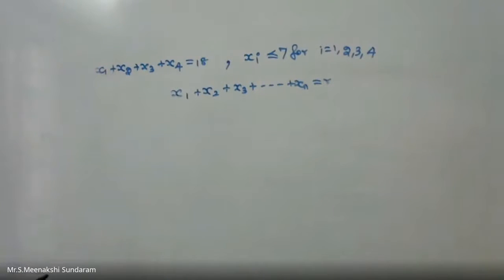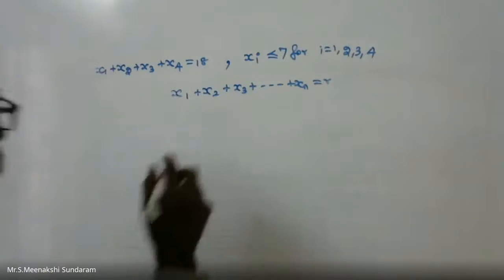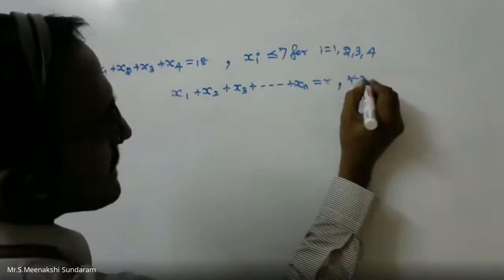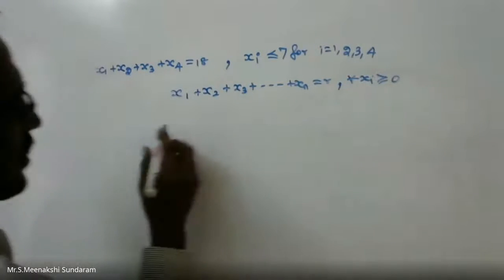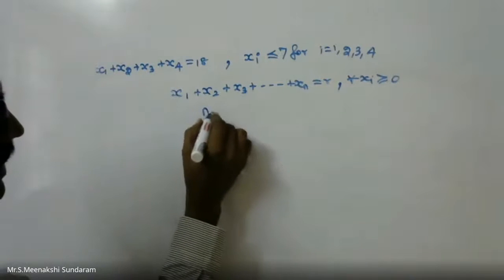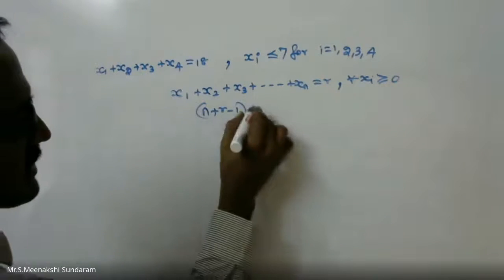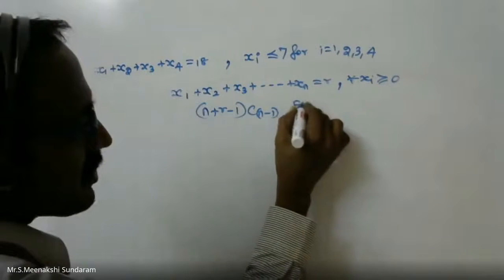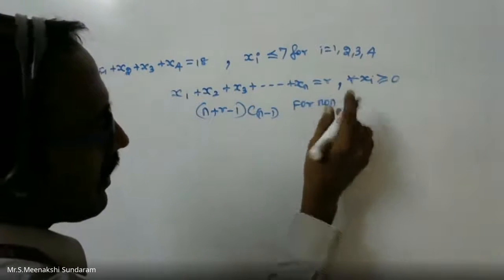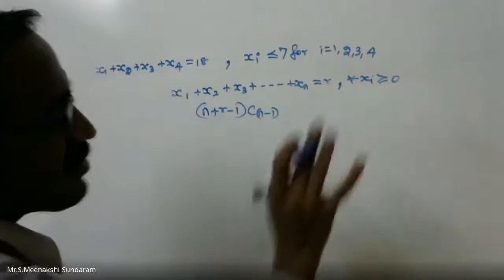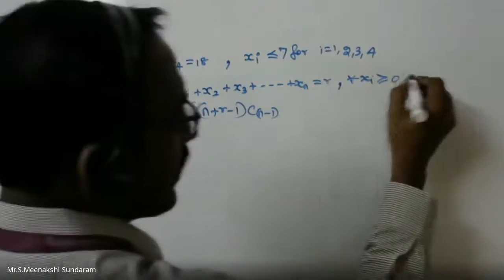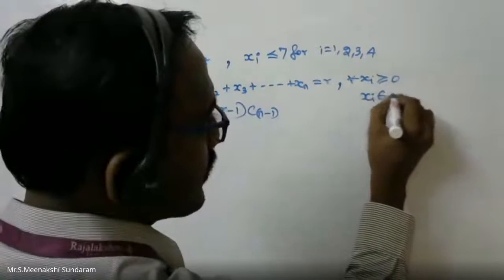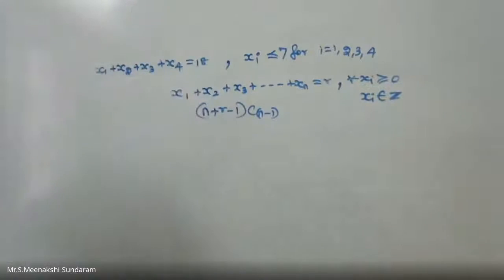For this case, the number of non-negative integer solutions, for all xi greater than or equal to 0, is given by the formula n plus r minus 1 c n minus 1. Otherwise, xi greater than or equal to 0 and xi belongs to integers, non-negative integer solution is possible.